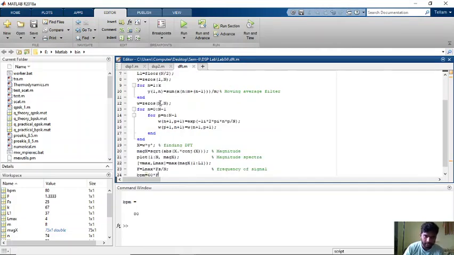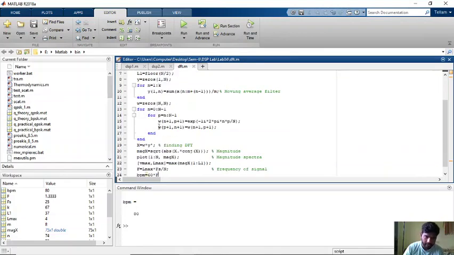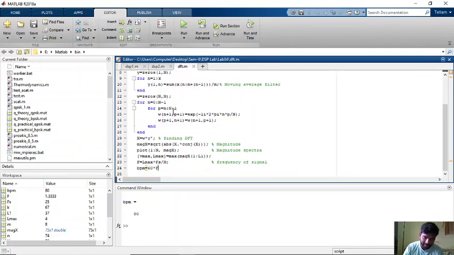Now we are going to find the moving average. First we pass x through the moving average filter, and y is the moving average filter output. Then we find the DFT matrix. Here we can use the exponential function directly, since there is no exponential function in Arduino.